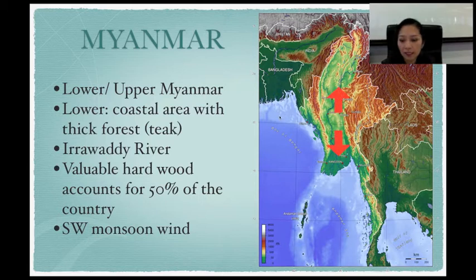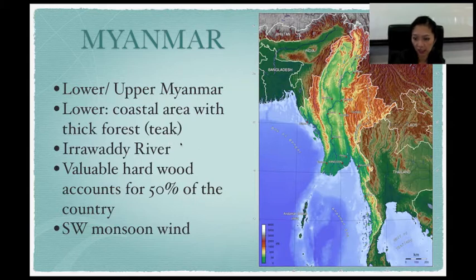Myanmar itself is divided into two sections, Lower Myanmar and Upper Myanmar. Lower Myanmar comprises coastal area with thick tropical forests that have valuable trees, such as teak.